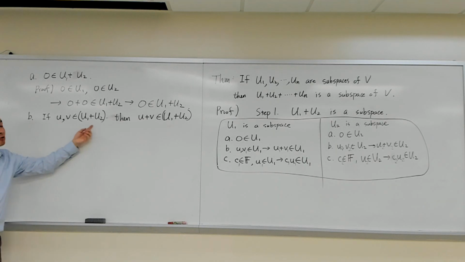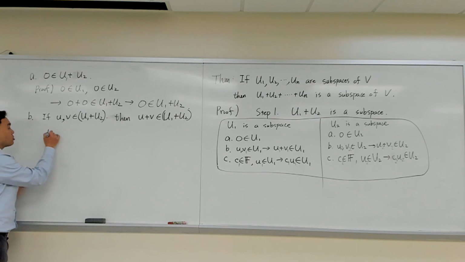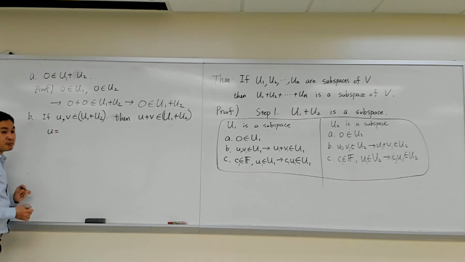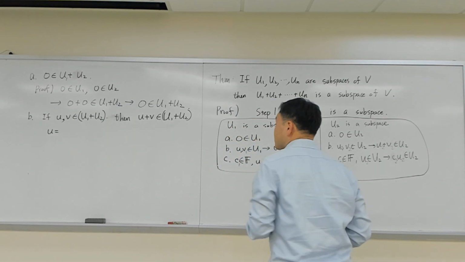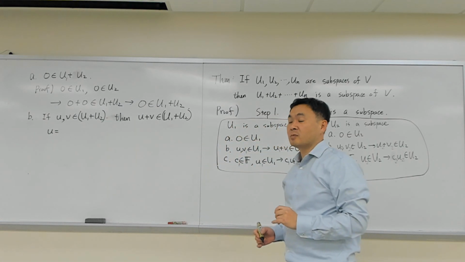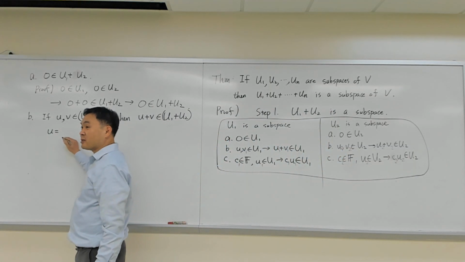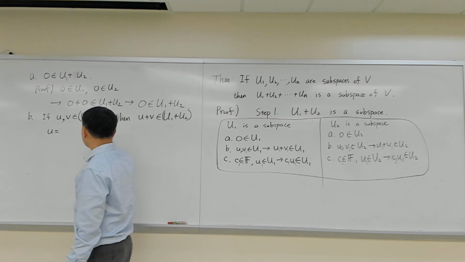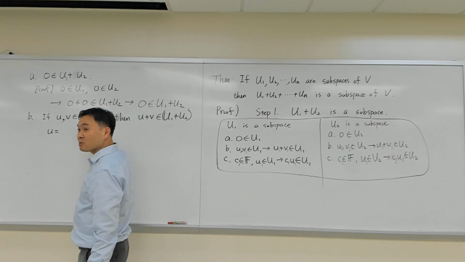How do we make use of this? Well, to make use of this, you have to say U is equal to what? If U is something in U1 plus U2, it better look like what? What are the elements in U1 plus U2? This is a collection of something in here plus something in here, right?